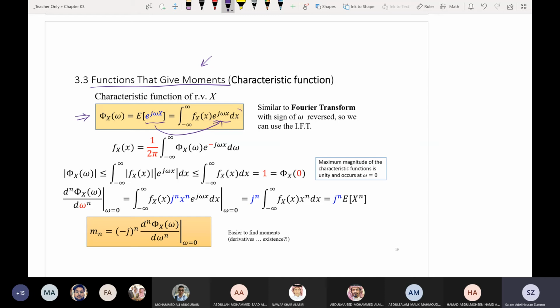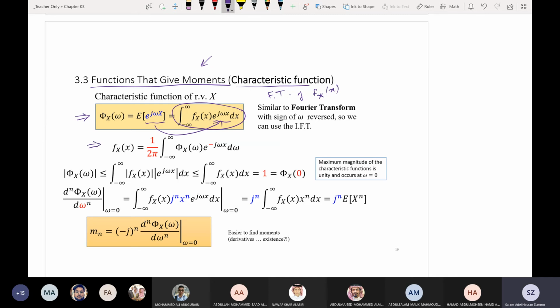What is this, Shabab? What do we know about this? Where did we see it before? Fourier transform. So this is the Fourier transform. The characteristic function is the Fourier transform of what? The PDF. If you take the Fourier transform of the PDF, we get what we call the characteristic function.